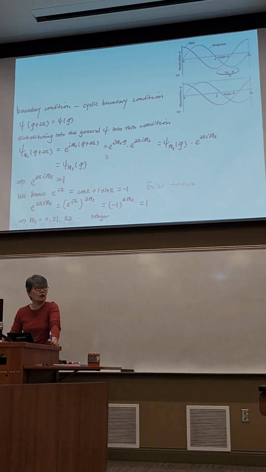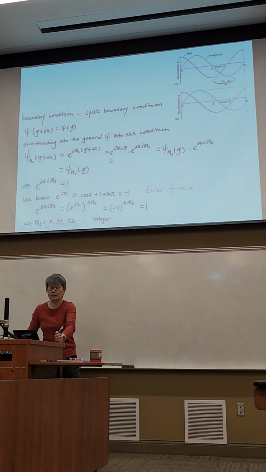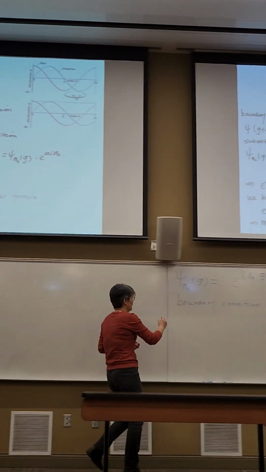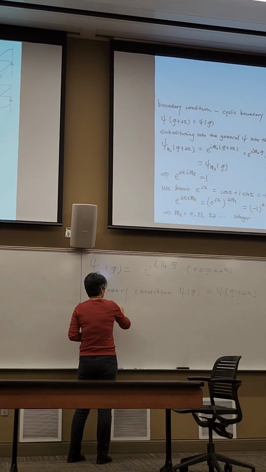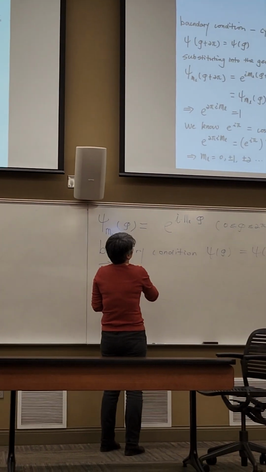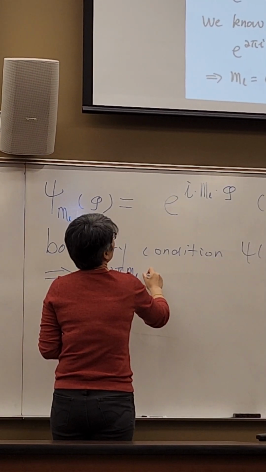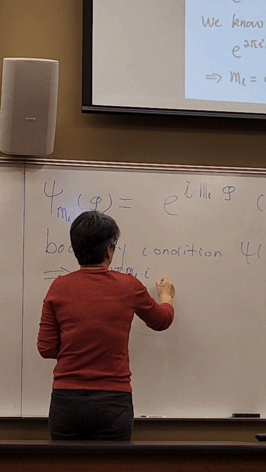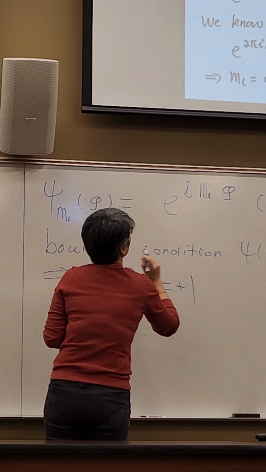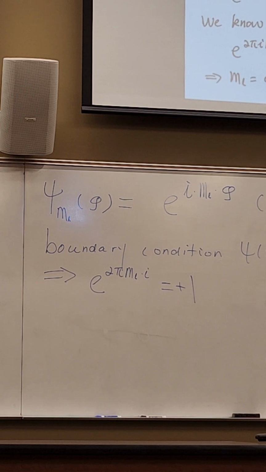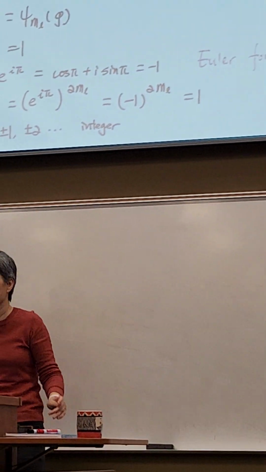Here's the solution. In order to make that true, what we need to derive is that e raised to the 2 pi m sub L i has to equal 1. Maybe I should just use the slides upstairs. It's posted on the slide right there. So in order to satisfy this boundary condition, this has to be true.